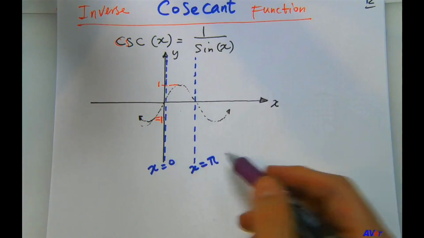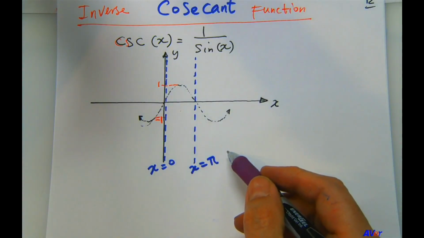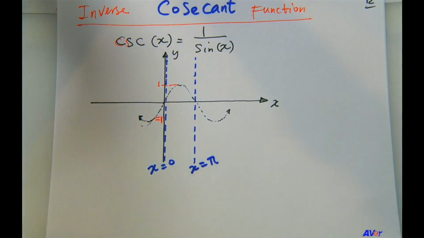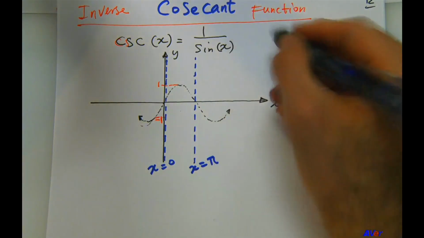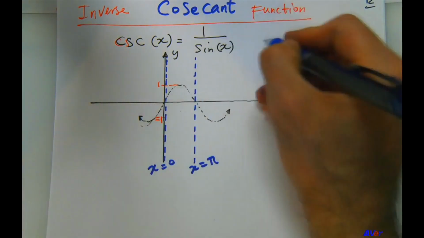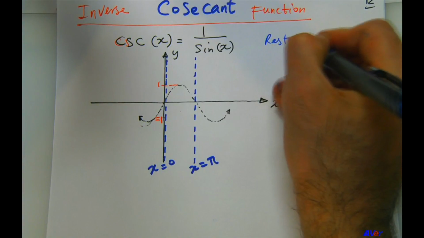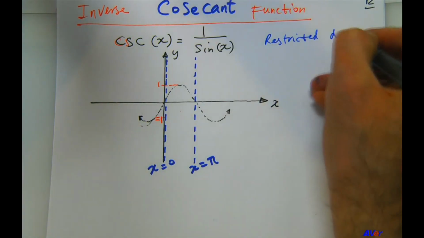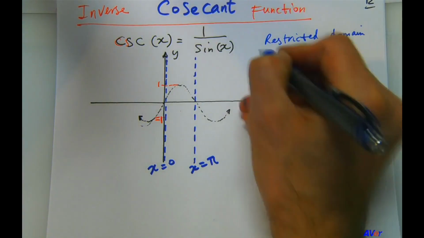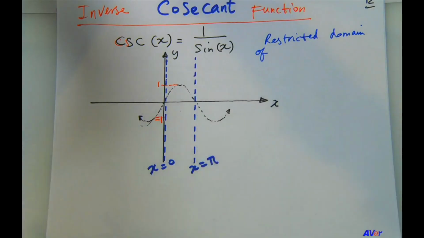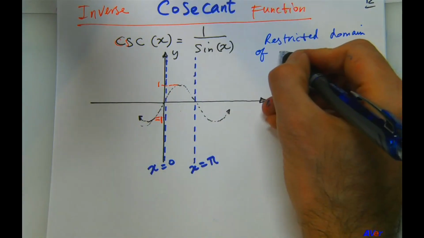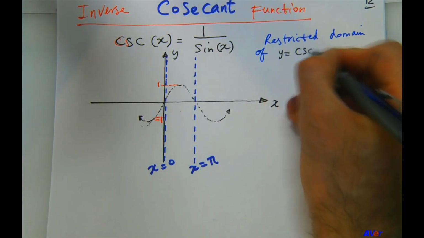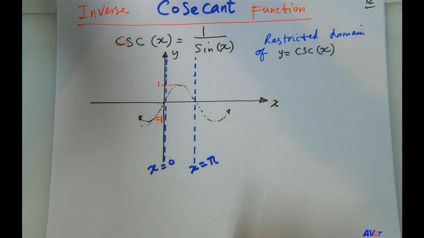So we decided the restricted domain of y equals cosecant function was as follows.